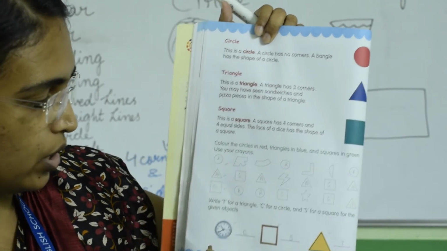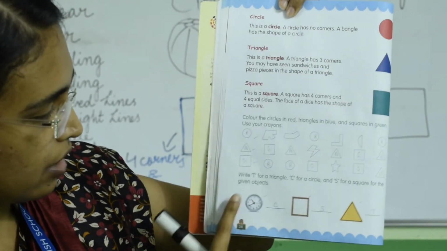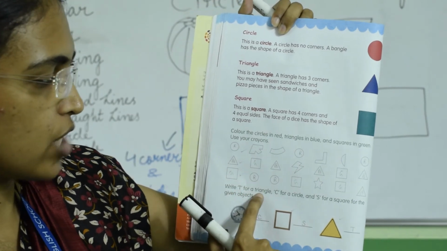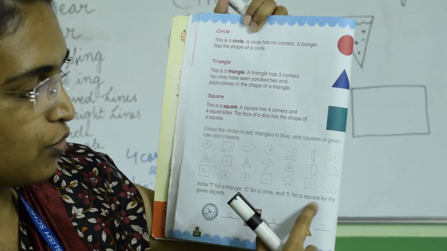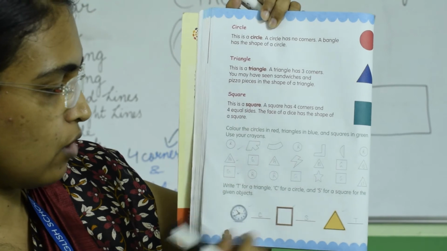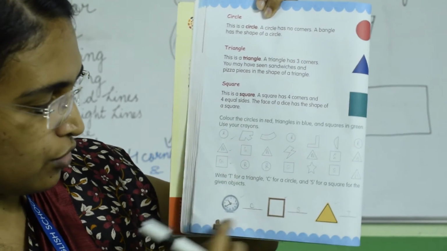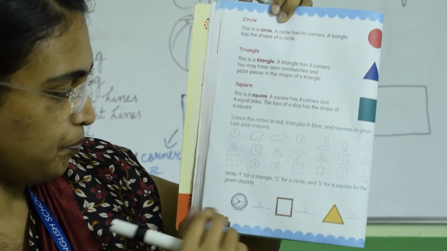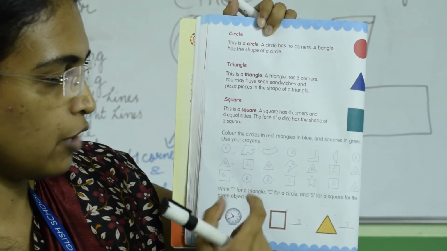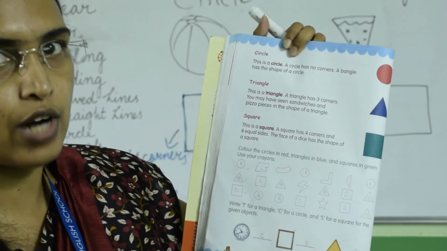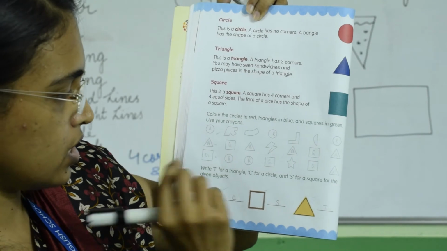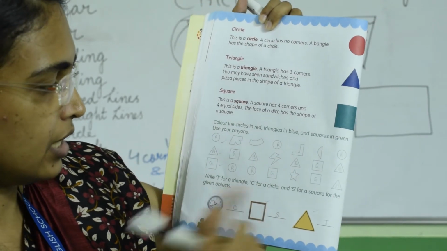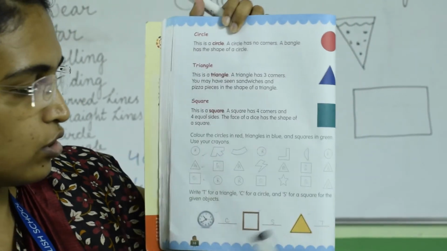This is your homework. Now our next question is write T for a triangle, C for a circle and S for a square for the given objects. Can you see there are 3 different objects? You have to find out which one is a circle, which one is a square, which one is a triangle, and put C for circle, S for square and T for triangle. Okay, this is also your homework.